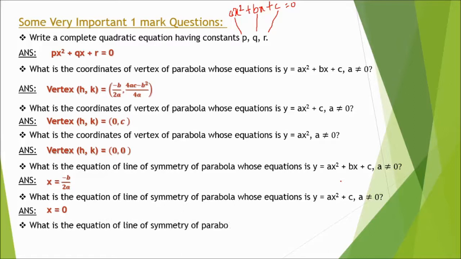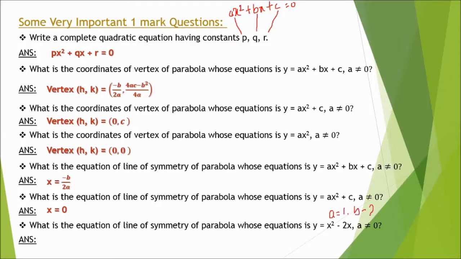What is the equation of the line of symmetry of the parabola whose equation is y is equal to x square minus 2x? Answer: we know the value of a is 1 and b is minus 2.